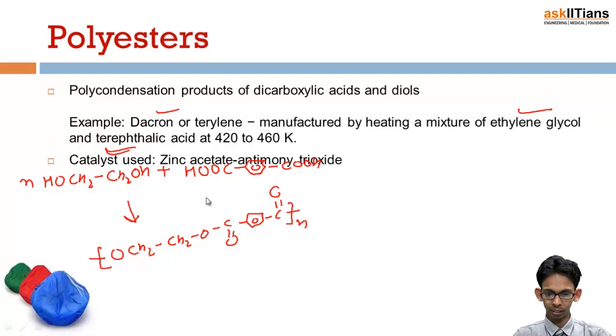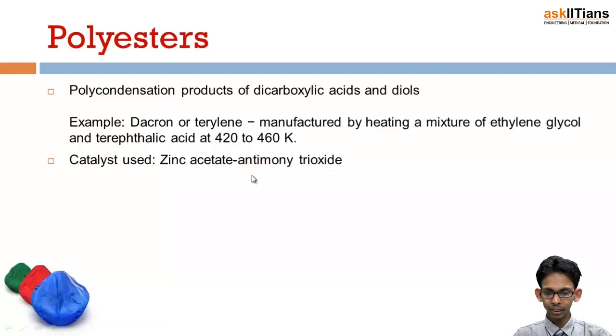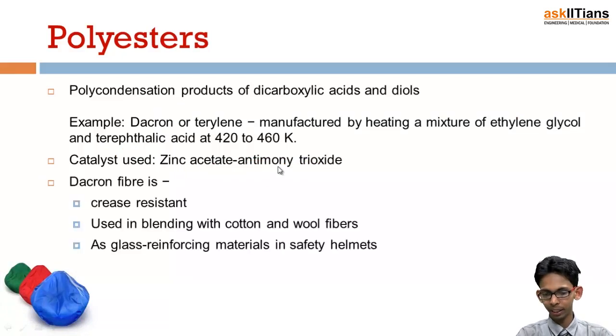The catalyst used for this reaction is zinc acetate and antimony trioxide. Dacron fiber is very useful. It is used in blending with cotton and wool fibers. We know polyesters are used in fabrics. It is also used as glass reinforced material in safety helmets.